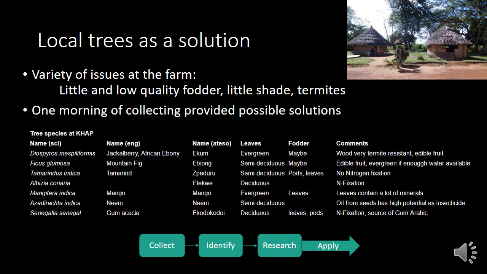So at one point I went into the field and tried to collect all the trees that I could find, because I thought trees may provide a good solution, and especially native trees.